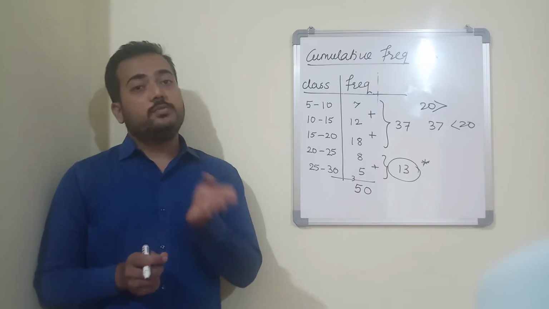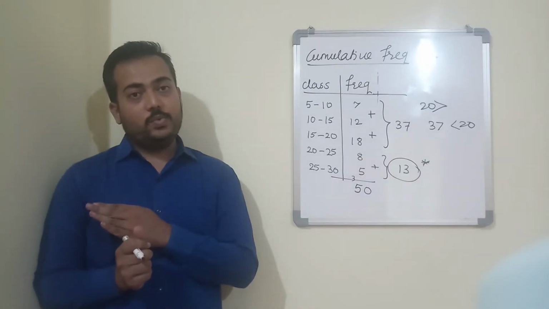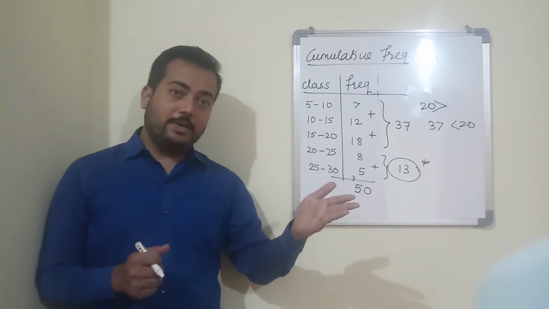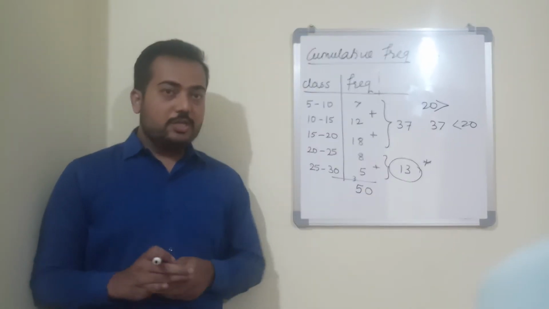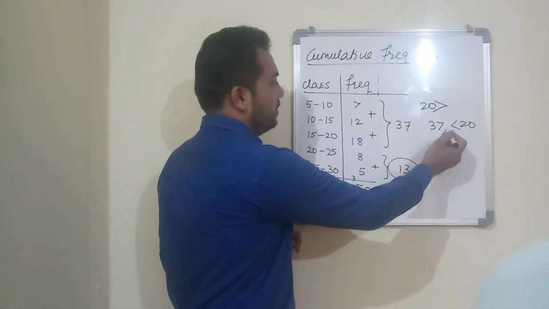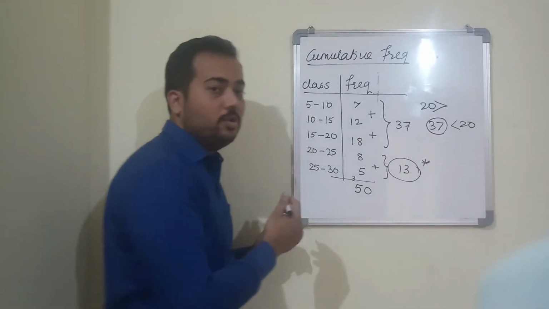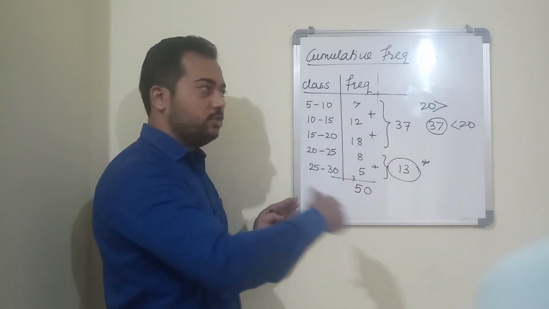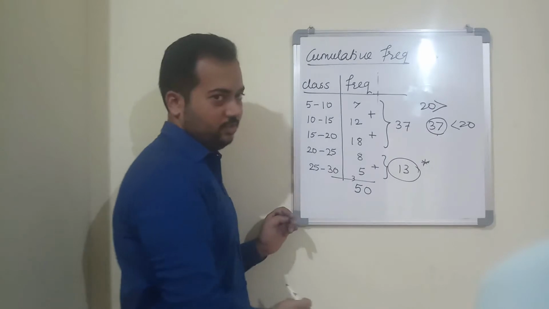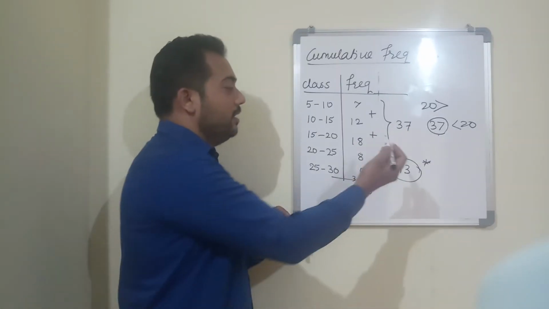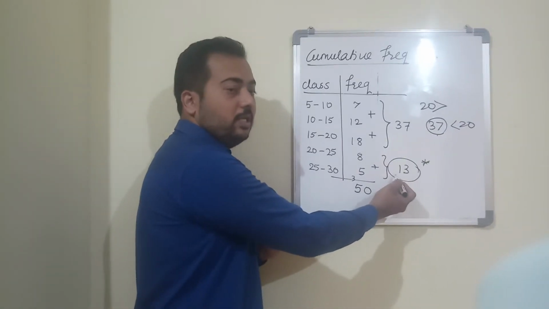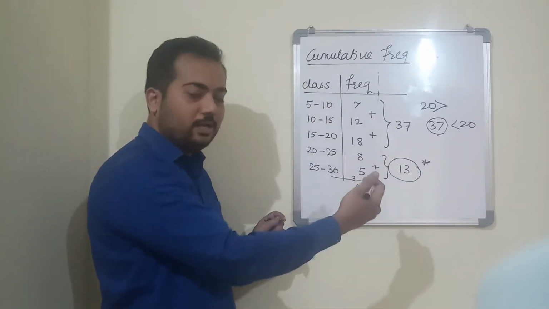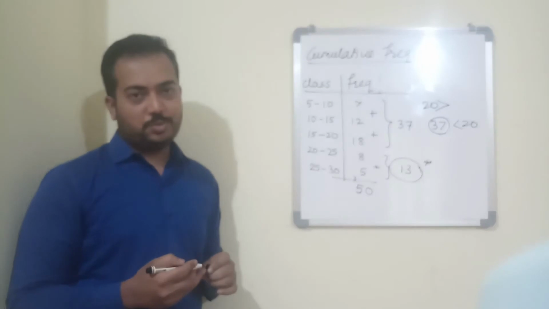This is how, with one particular partition in the entire distribution, you are able to find out the values which are less than one particular limit, and the values which are more than one particular limit, from the total distribution. The frequency which gives you the number of values less than one particular limit is called the less than cumulative frequency, and the one giving the number of values more than one particular limit is called the more than cumulative frequency.